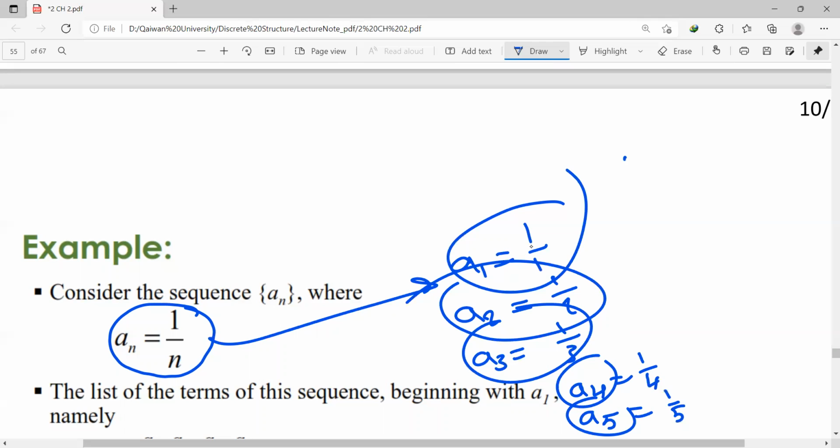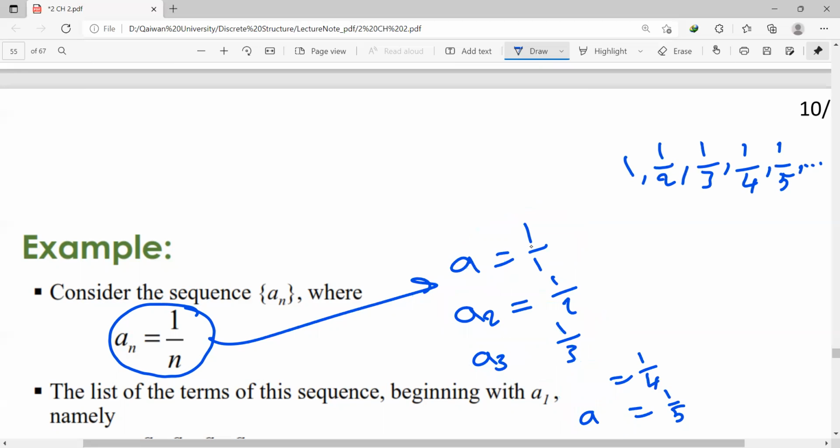What's the first term? It's 1. How about the second one? It's a half. And the third one? It's like that. Look, this is the formula by which we can generate all terms of the sequence.